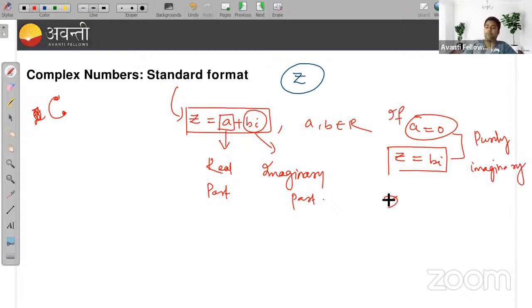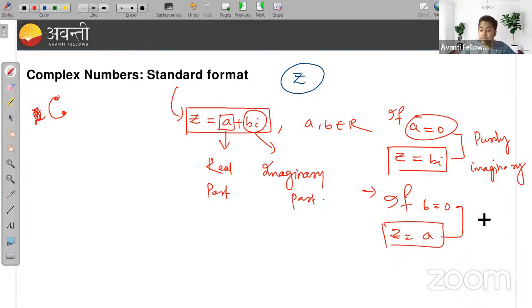Similarly, if b becomes 0, then Z is equal to a, and the complex number can be called purely real. When a becomes 0, you are getting a purely imaginary number, and when b becomes 0, you are getting a purely real number.